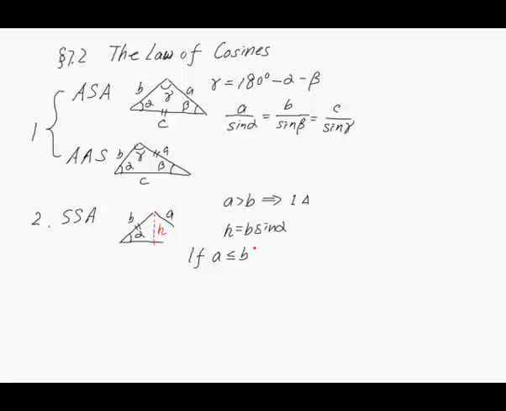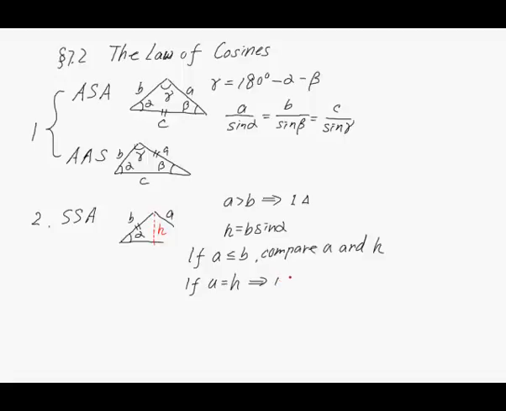So if a is less than or equal to b, then you need to compare a and h. If a is exactly equal to h, then in this case you have one right triangle. Say you swing this side down, and then this side just touches this bottom side, and in this way you can form a right triangle.